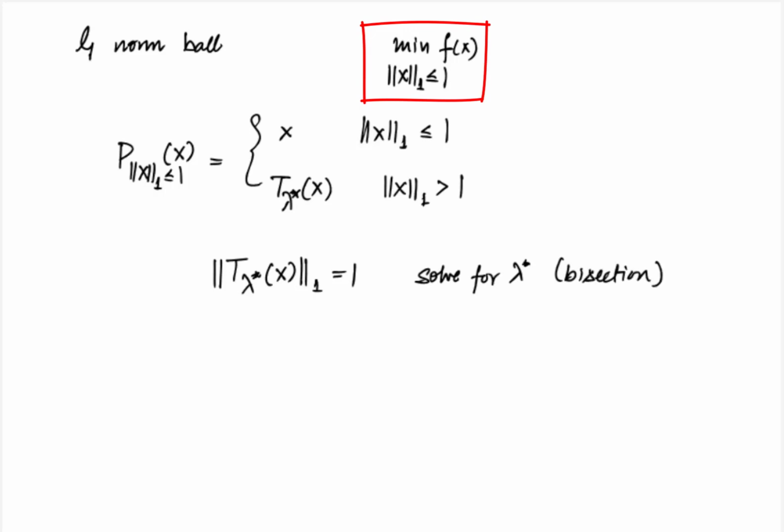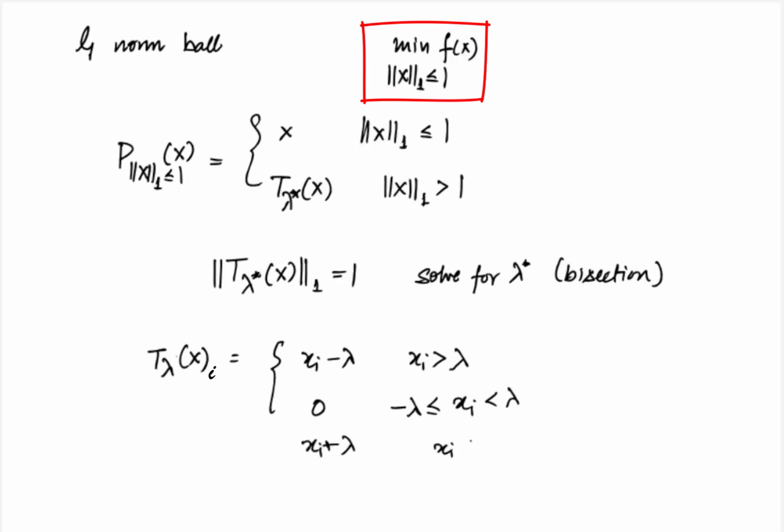And here the operator T_lambda is the soft thresholding operator, given by: the ith entry of T_lambda(x) is x_i - lambda if x_i > lambda, 0 if x_i is between -lambda and lambda, and x_i + lambda if x_i < -lambda, where remember that lambda is positive.